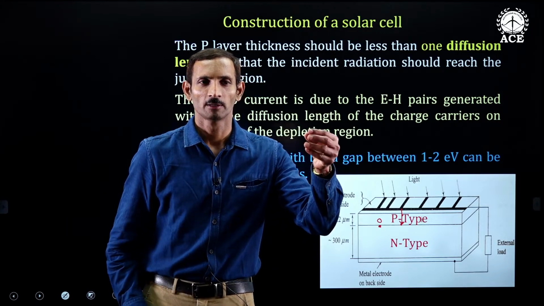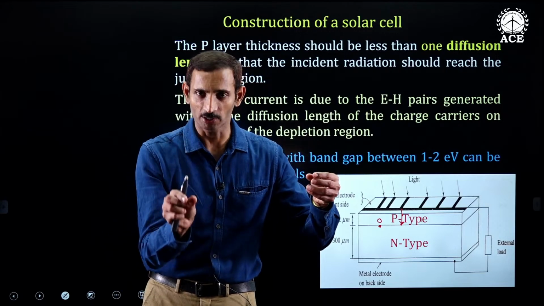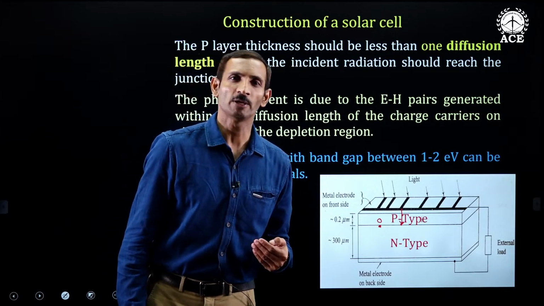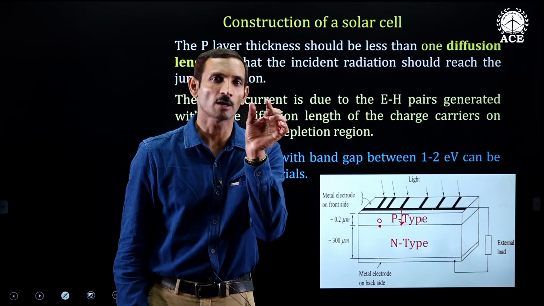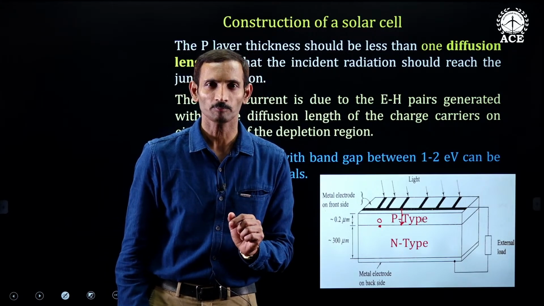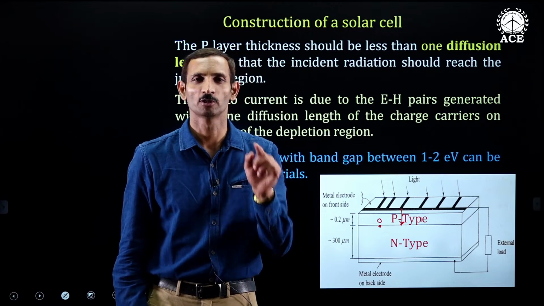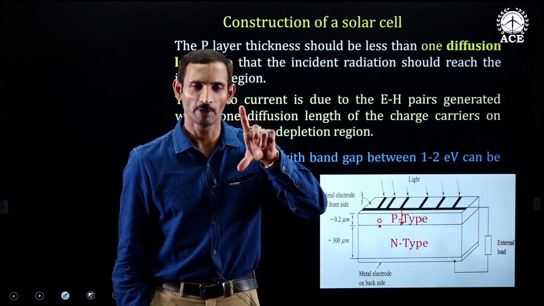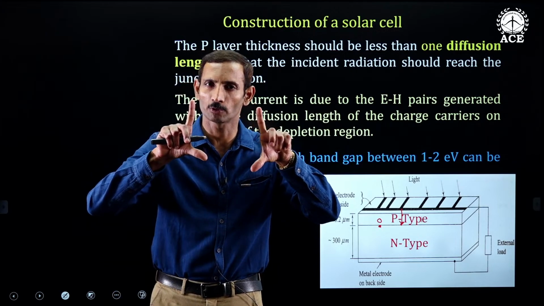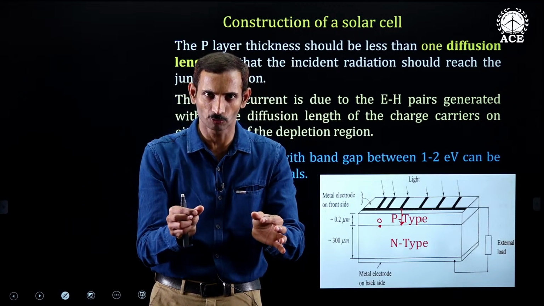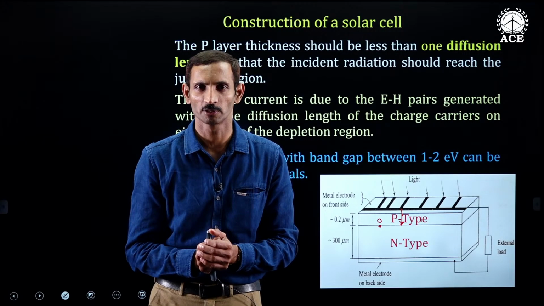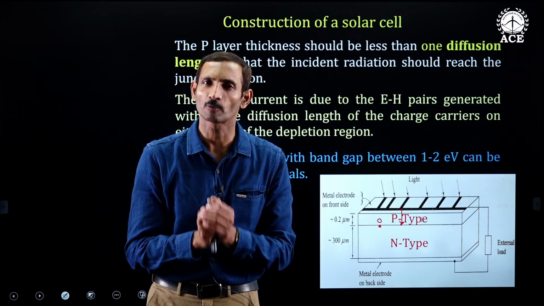Similarly, when holes come from the p side towards the junction, there is a loss of positive charge, that means a gain of negative charge. So the p side becomes negative. So on the n side there will be a positive charge, on the p side a negative charge. There is a charge separation, there is a potential difference, which we call the barrier potential.